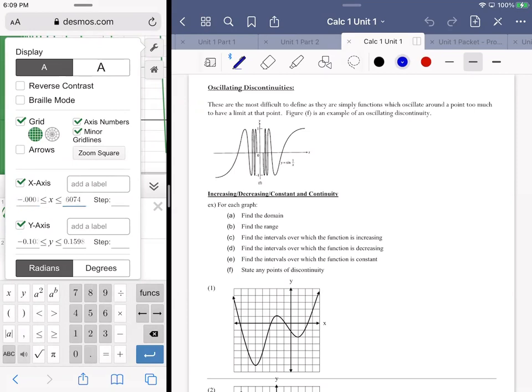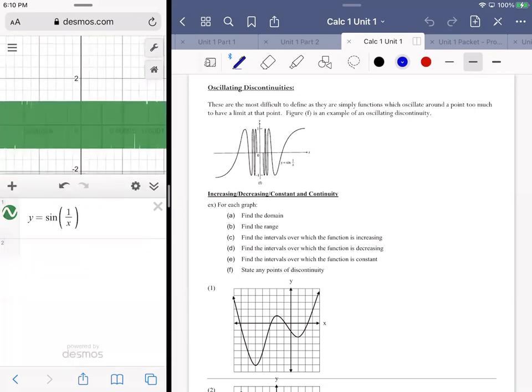And then on the positive side, we'll say positive 0.0001. And then as far as the y values are concerned, you can go with whatever you want there. So I'm going to say -3 to 3. And then tap out just to give some wiggle room.